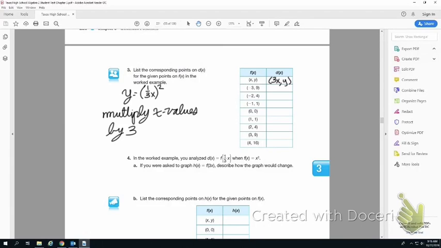And then that's how I would describe the transformations, what I have at the very top of that other column. So go ahead and go down that second column over there, multiplying the x values by 3.